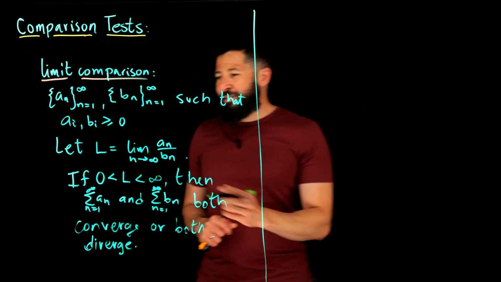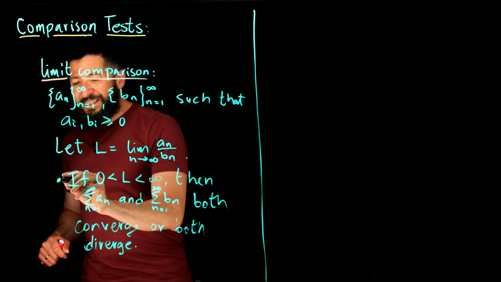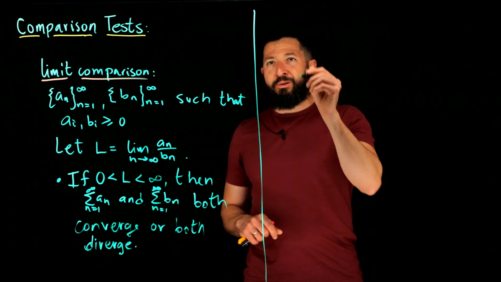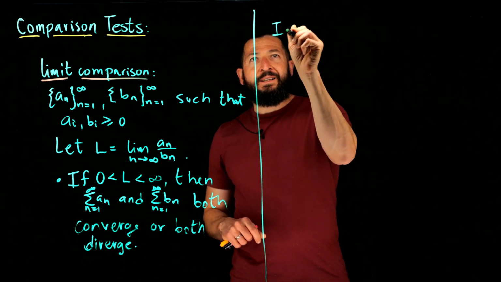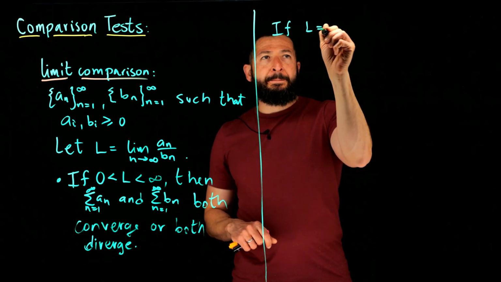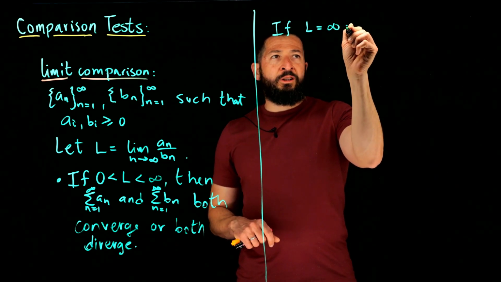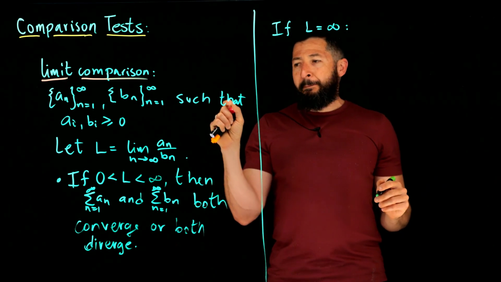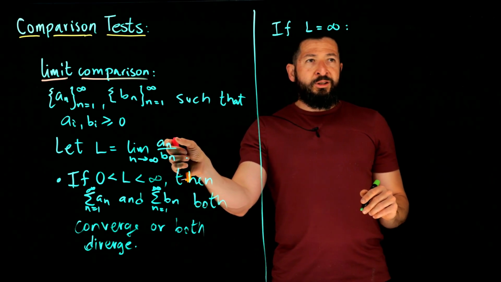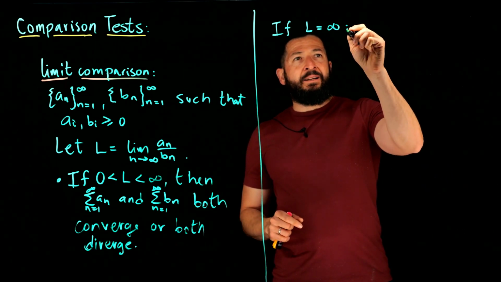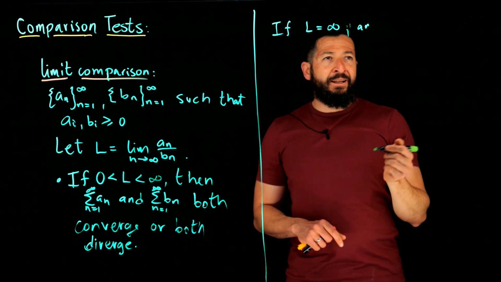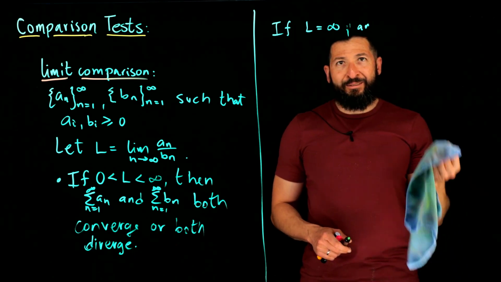Now there are other options that you can have, and they're not really that useful, but you can at some point use them. So if the limit happens to be infinity, what does that mean? That a_n grows much faster than b_n.